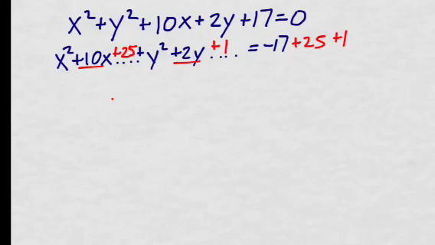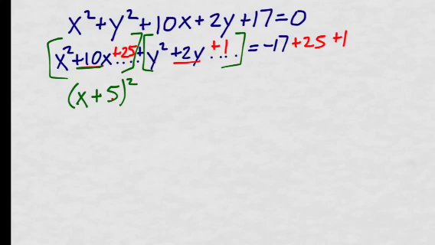Alright, and that's enough to do my completing the square with this group here and with this group here. Okay, so I have x plus that half of the 10, which is the 5, squared. Just pause that and try it out and see if it works for you. And y plus half of that 2 there is 1 squared equals negative 17 plus 25 plus 1, and I think that is 9.